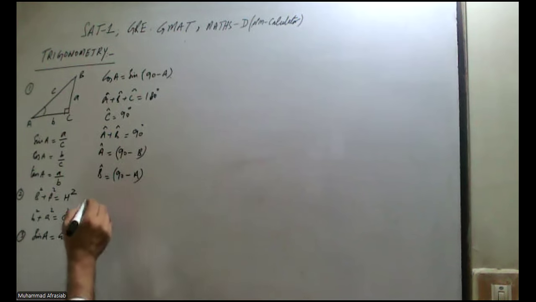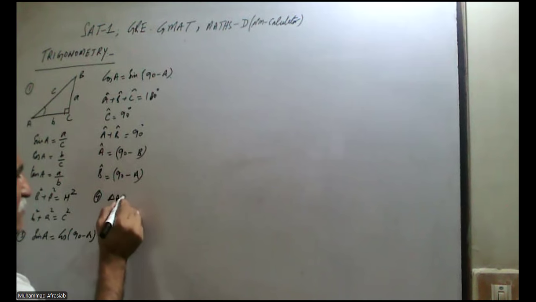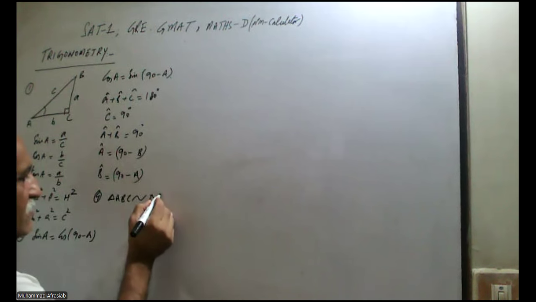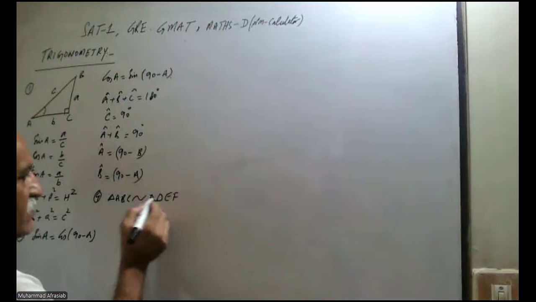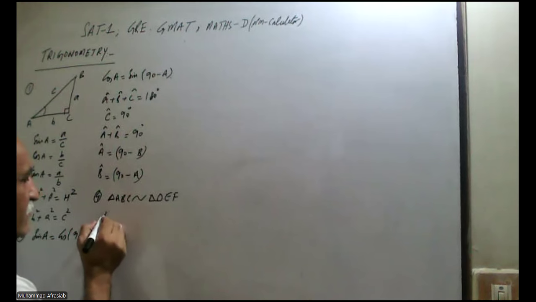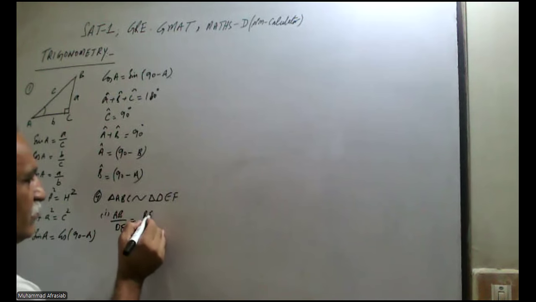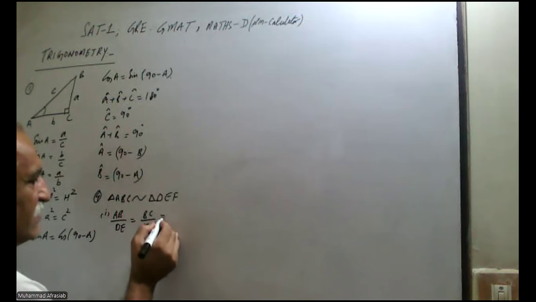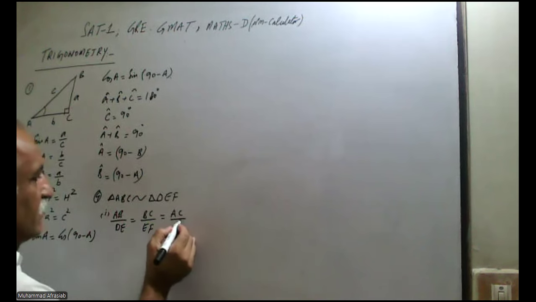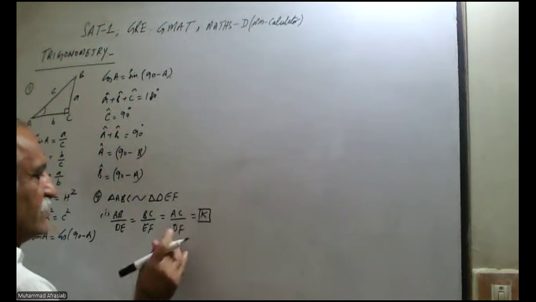Then we have the fourth formula, because of similar triangles. Let's say triangle ABC is similar to triangle DEF. Since they are similar, there is a constant ratio between their respective sides. So AB over DE must be equal to BC over EF, and that is equal to AC over DF, and that is equal to a constant value K, which is given to you.